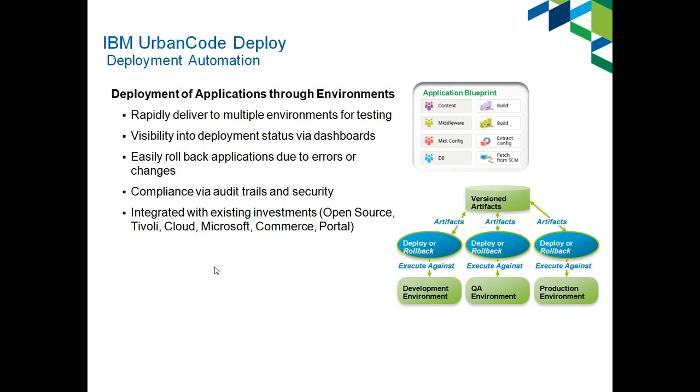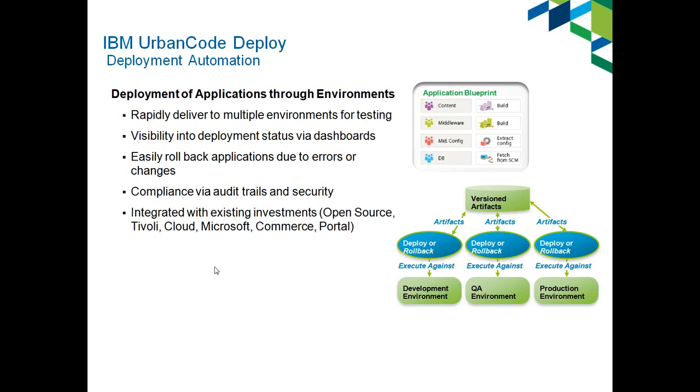And in the center of the screen there, we show versioned artifacts. And this is one of the key things about UrbanCode Deploy that's made it an interesting area of conversation with customers, because a lot of customers have gone down the road of creating different repositories for the content that needs to be deployed, be that binary content, be that text content.